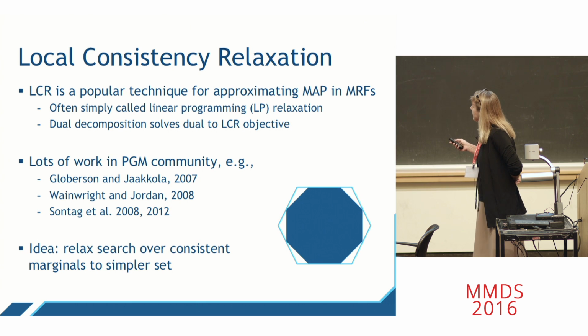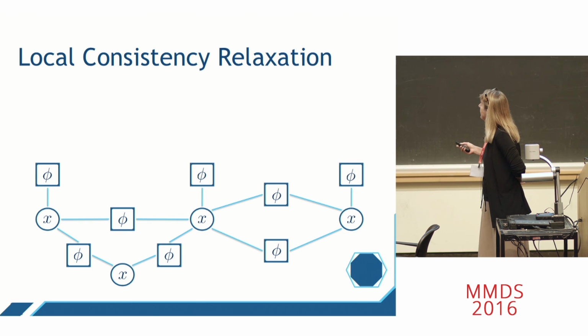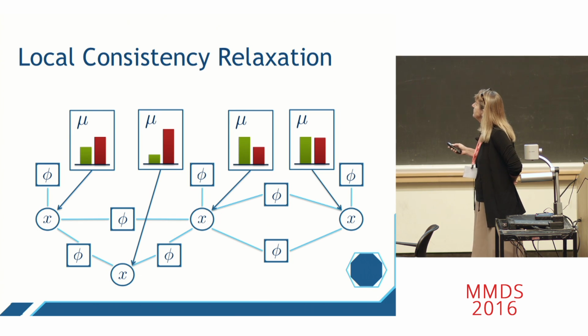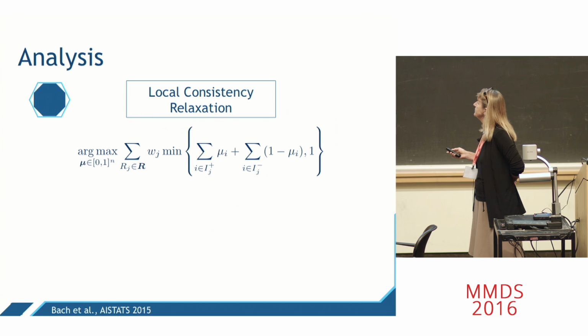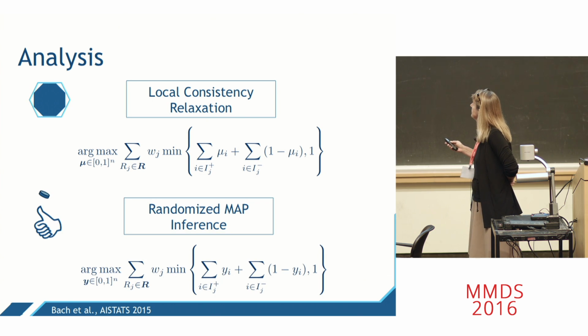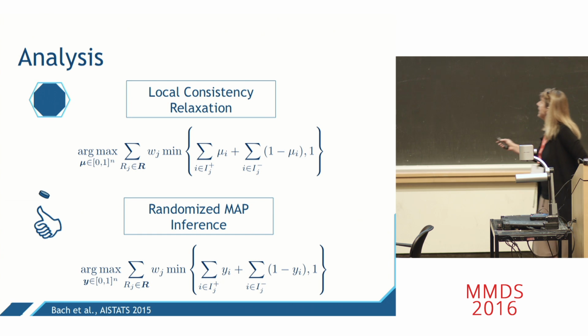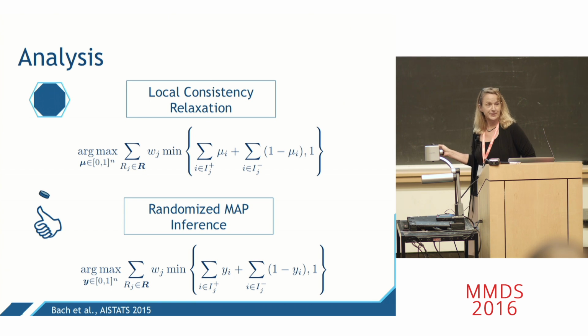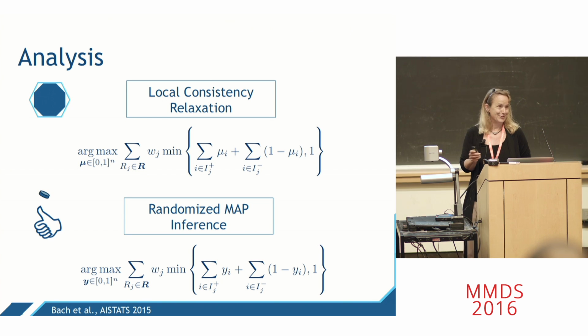So it turns out if one does some math and thinks of this now as a giant graphical model directly, looks at the local node potentials, the marginals, and makes them consistent with the node potentials, edge potentials, and any other potentials, the cool thing is, doing a little bit of work and manipulation, you get out this optimization. It turns out that exactly mirrors the optimization that we got for the randomized algorithm. So this is very cool.